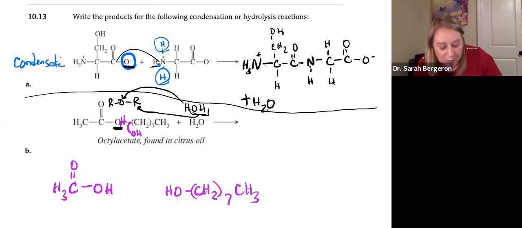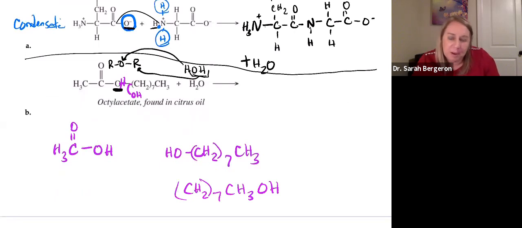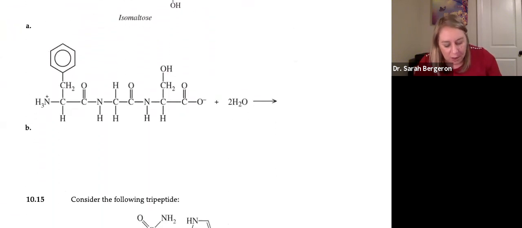And sometimes you'll see it in a different way, because it makes a little bit more sense like that, but it doesn't matter. Either way, it's correct. Okay, that one we're doing in class.